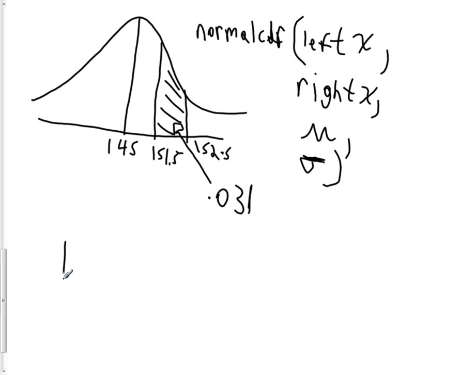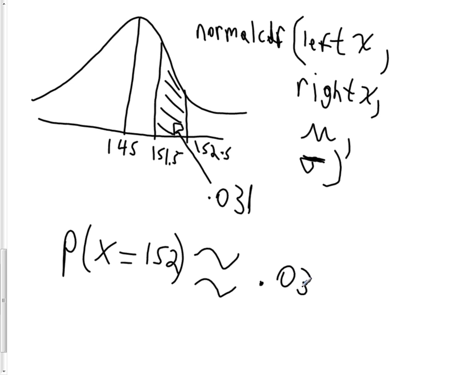So the probability that x is equal to 152 is approximated by the normal distribution as 0.031.